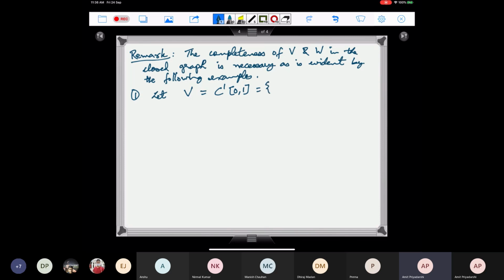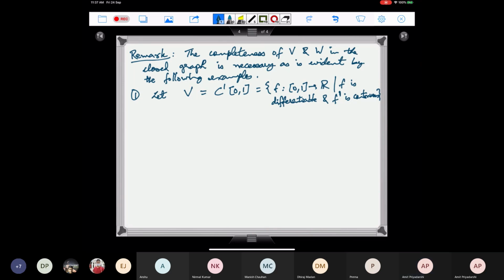So this is the collection of all f from [0,1] to R such that f is differentiable and f prime is continuous. And what is the norm on this? Norm, we will just take the supremum norm.